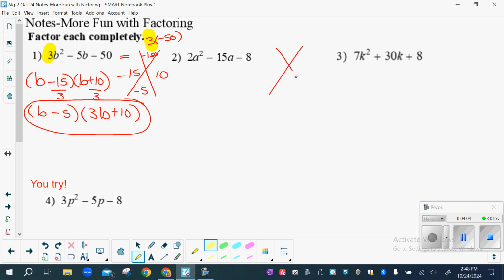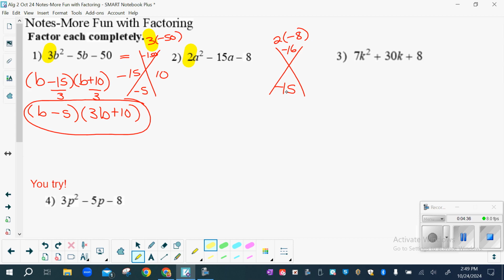So how do I start this one? What number goes up on the top? So we have to take the negative 8 times 2 because of the 2 here. And so that's going to be negative 16. And then what goes down here? Negative 15 from here.